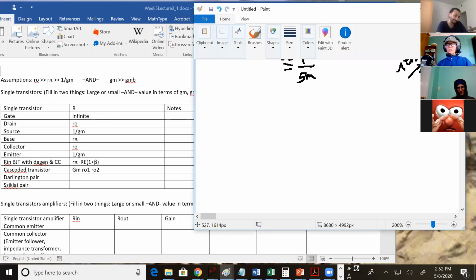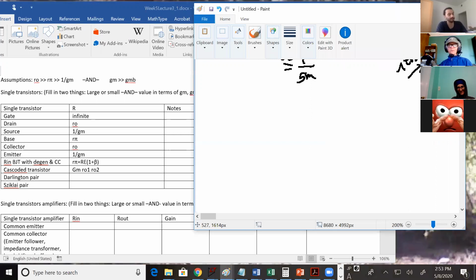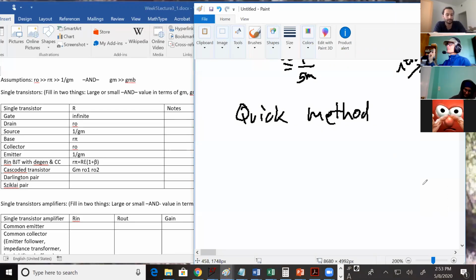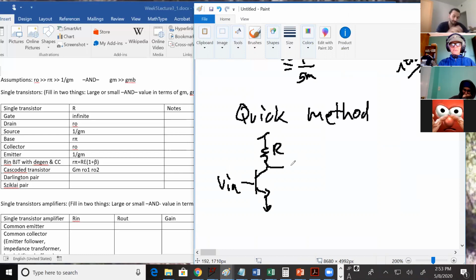Let's do what I call the quick method, and I don't know if there's an actual name for it, but I needed to call it something, so I just started calling it the quick method. That's a good portion of the homework. You say, what can I do in 7 minutes? I think you can all master the quick method in 7 minutes. Let's do a common emitter. And I think some of these are on the homework.